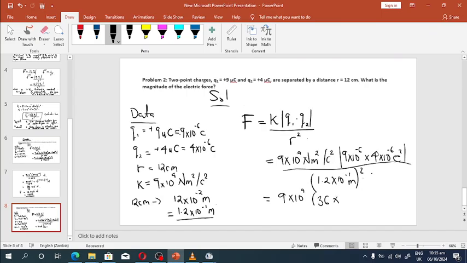These have a common base, so we add the powers, and we are going to get negative 12, over 1.2 times 10 to the power negative 1 squared, which gives us 1.44 times 10 to the power negative 2. What we are getting is going to have the unit newtons, and all that is required for us is to simply finish up.